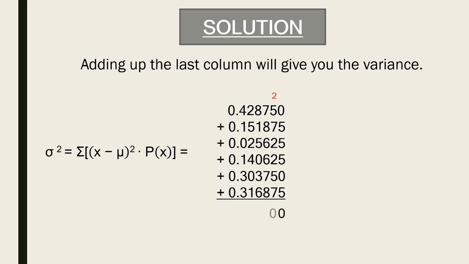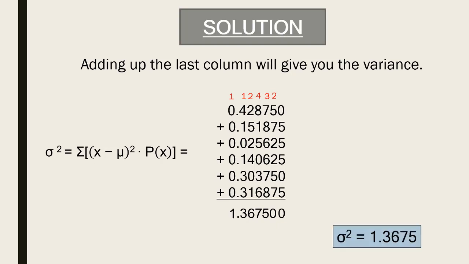So we put down a 0, we carry a 3. 10, 18, 24, 30, 37, 45, and we carry a 4. 12, 13, 18, 21, 27, we carry a 2. 2, 4, 9, 11, 15, 16, we carry a 1. 5, 6, 7, 10, 13, so we put down a 3. We carry a 1, and when we add that, we get 1. Drop our decimal. And so this value is the variance, 1.3675. We don't need those zeros at the end.